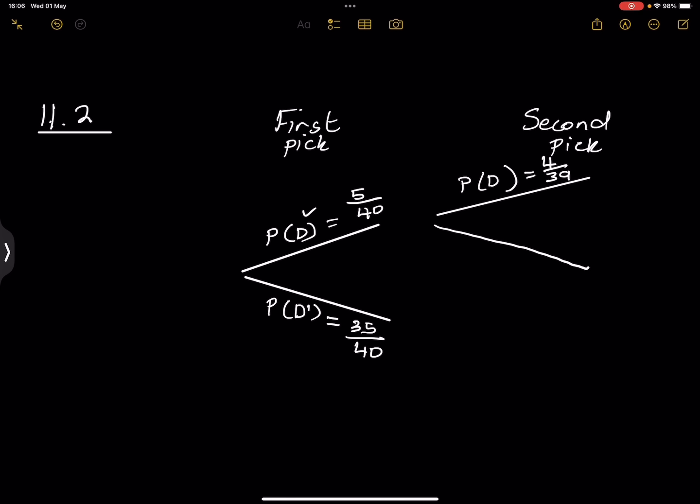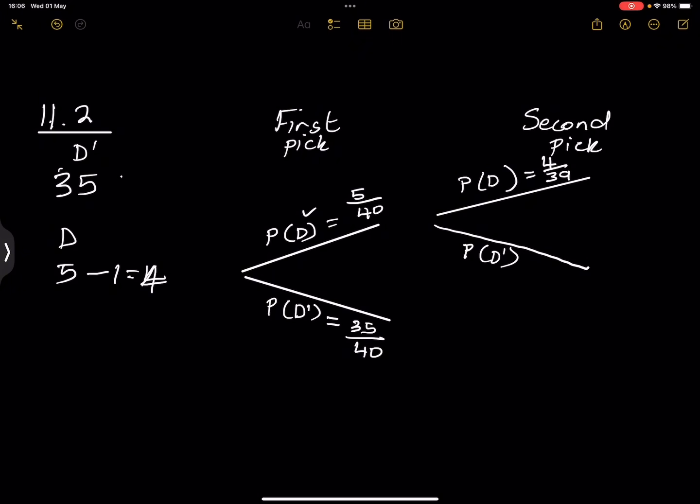Now, of course, what's the probability that it would not be defective? How many were not defective that were left? If we picked one that was defective, we still have 35 that are not defective. I've got 5 that were defective, so I've taken from this one and I'm left with 4, but now I've got 39 calculators.